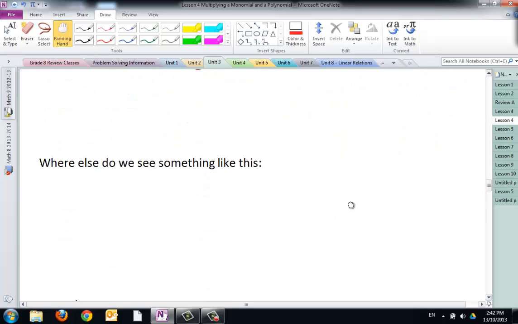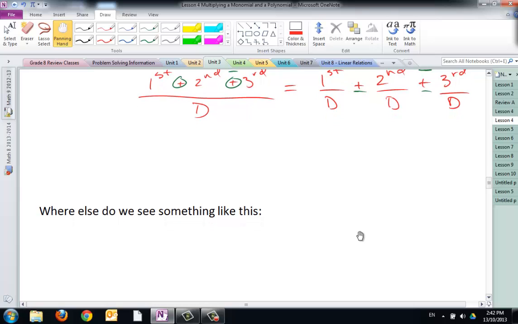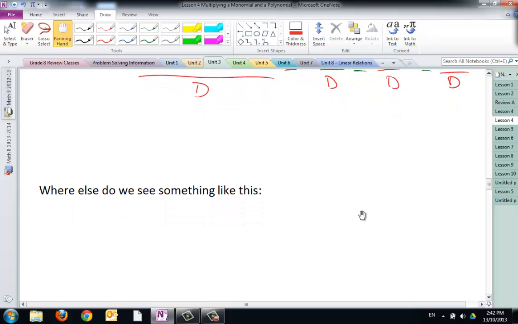All right, where else do we see something like this? Well, if you think back to addition and subtraction of fractions, we might see something like 3/8 plus 4/8. And we know that when we have a common denominator like that, we can add the numerators. In this case, we're adding. So that would be 3 plus 4 over 8, which would be 7 over 8.